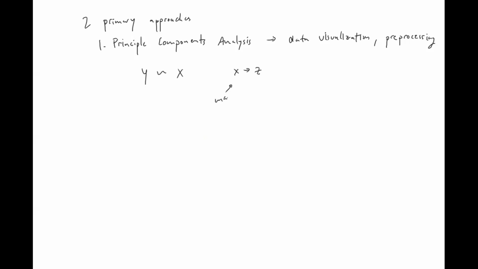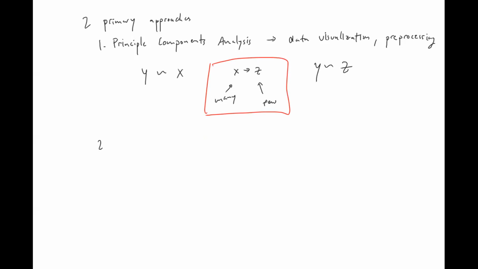So many x's to fewer z's, and then you regress instead on this. And so this was one of the dimension reduction activities that you can use, right? This procedure is known as principal components regression, but this part right here, where you do the reduction, is the principal components analysis that you could do as unsupervised learning.